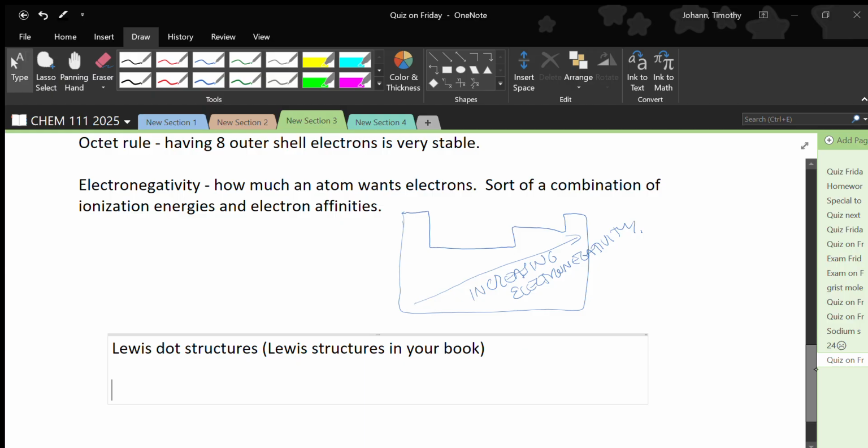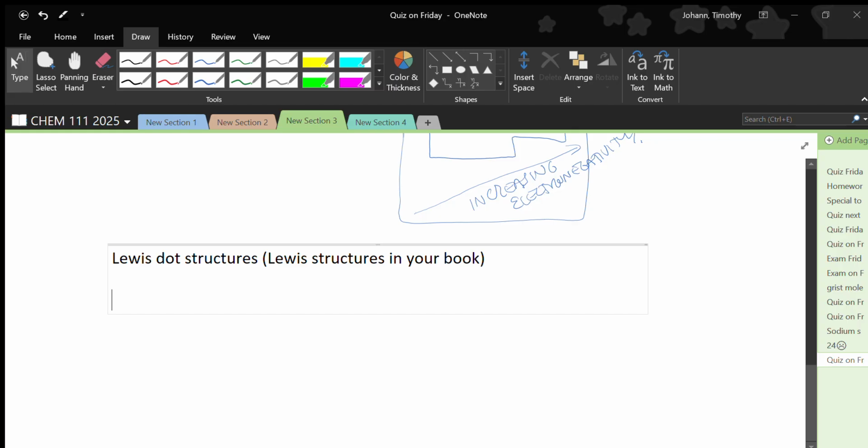All right, Lewis dot structures. The point of Lewis dot structures is we're going to connect a bunch of atoms together in such a way that every atom has a full outer shell.